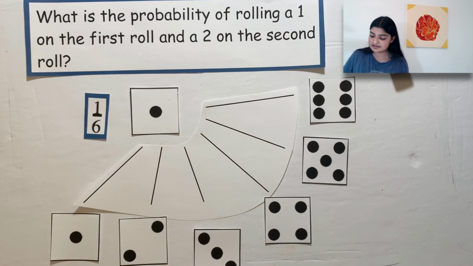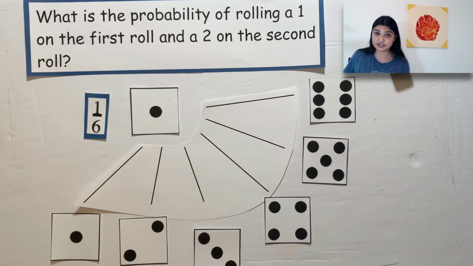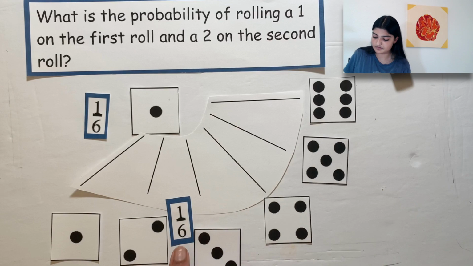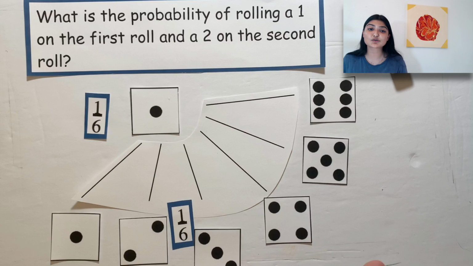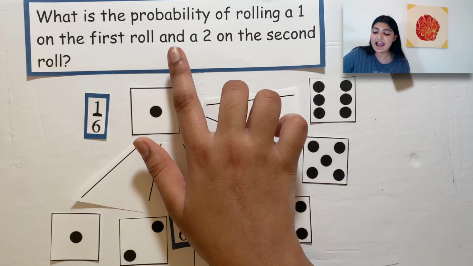Again, there are 6 possible outcomes, and there's only 1 2. So I know that my probability of rolling 2 on my second roll is also 1/6.